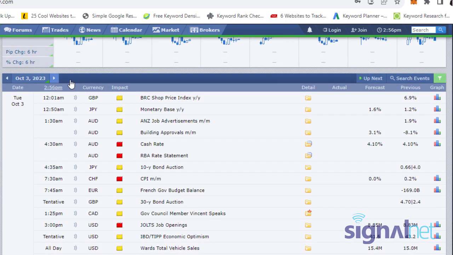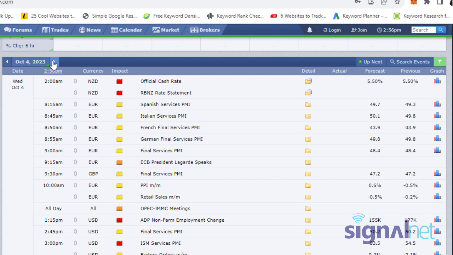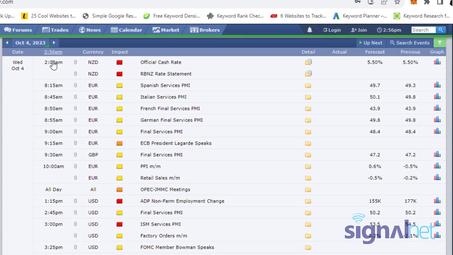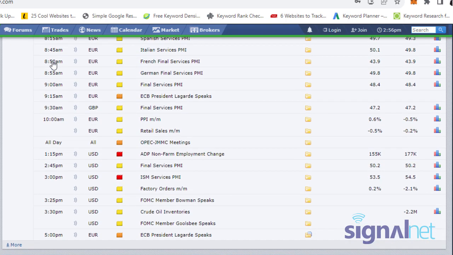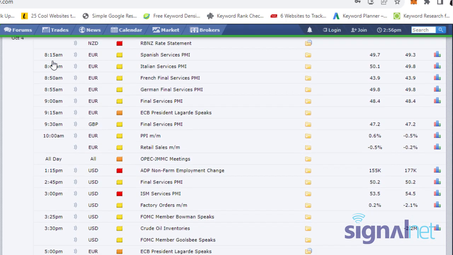Okay, then on Tuesday, similar things. On Tuesday, we also have a lot of news too. Then on Wednesday, and this week is kind of quite active. This news on Wednesday should be a high impact news for the USD.